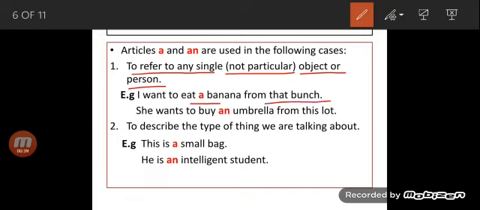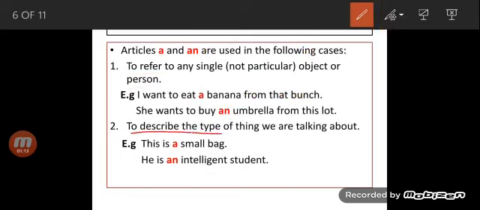She wants to buy an umbrella from this lot. So here we refer to a single object, like a single banana. An umbrella refers to a single umbrella. So in order to refer to any single object or person but not particular, we use articles a and an.